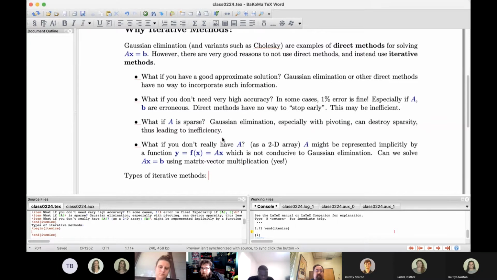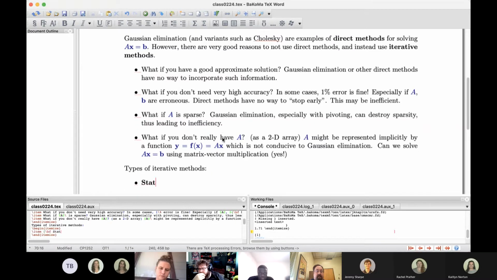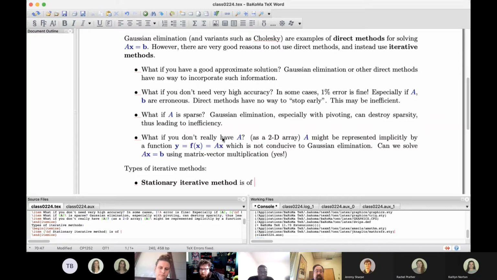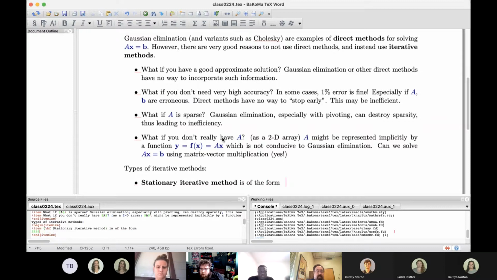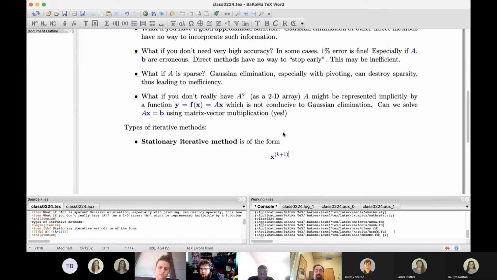First we have a stationary iterative method. And it's a method of this form, where we have a new iterate. Throughout this chapter, I'm going to use this notation where I have a superscript to refer to the iteration number, and it'll always be in parentheses. So it's not something you could confuse with an exponent.